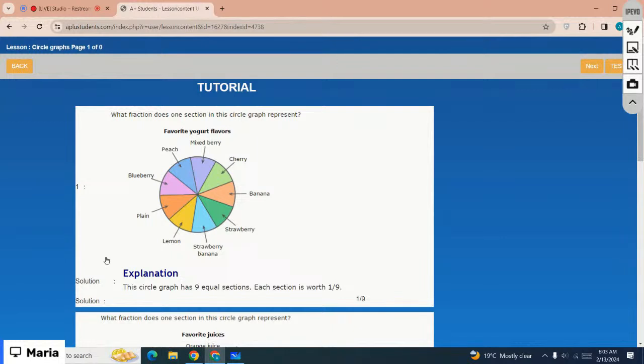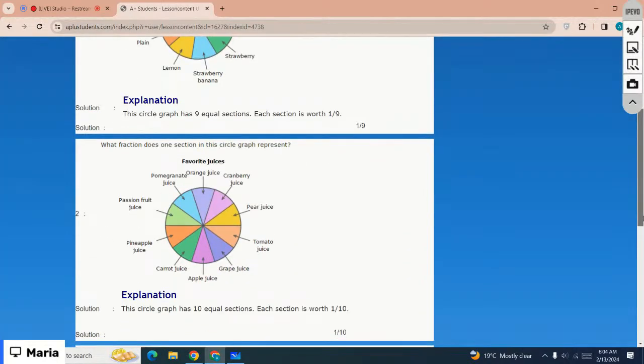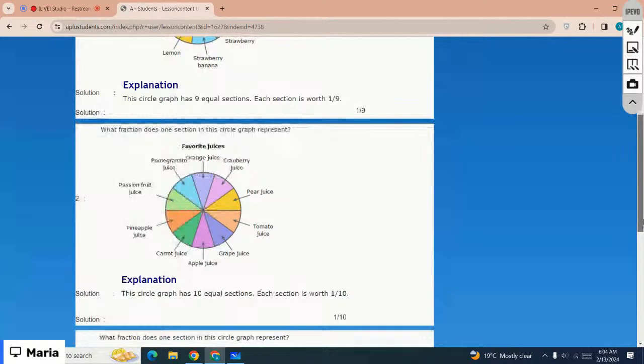Because the total portions are 9, each portion is 1 by 9, right? Okay, the next one is, what fraction does one section of the circle graph represent? So here the graph has 10 sections, so each section is worth 1 over 10.